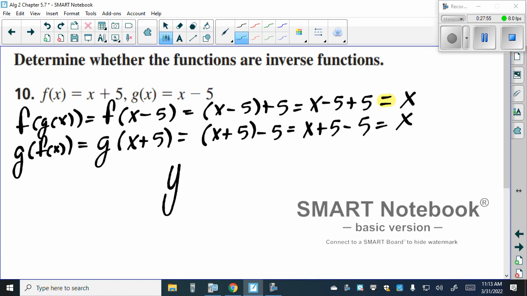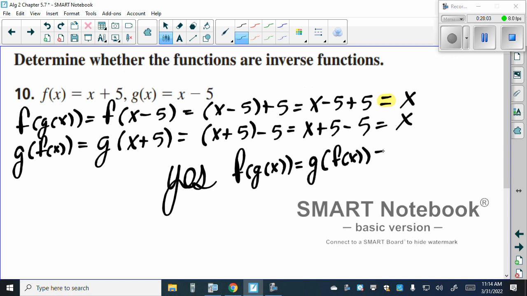So are they inverses? Yes. F of g of x is equal to g of f of x, which is equal to x. They are inverses.